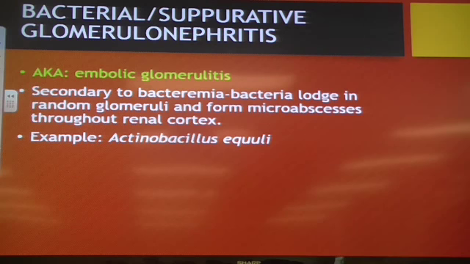So if you have neutrophils around a bacterial emboli, you're going to have microabscesses or small foci of neutrophilic inflammation. An example of that is Actinobacillus equuli, and what is the common name for that disease or etiology? Navel ill, yes. So what is navel ill?